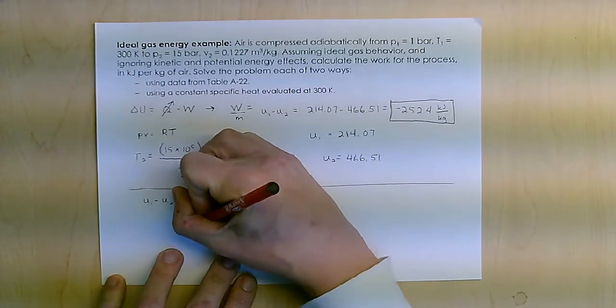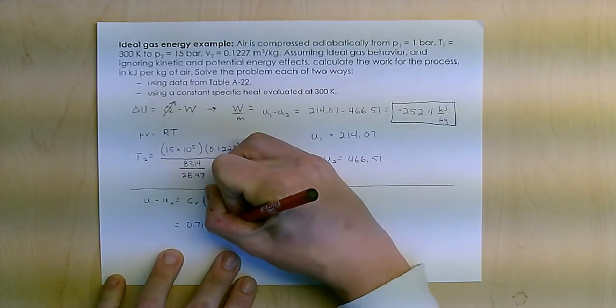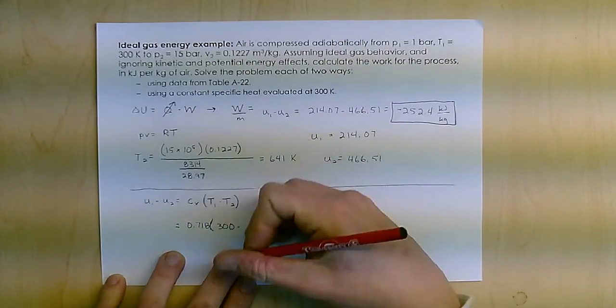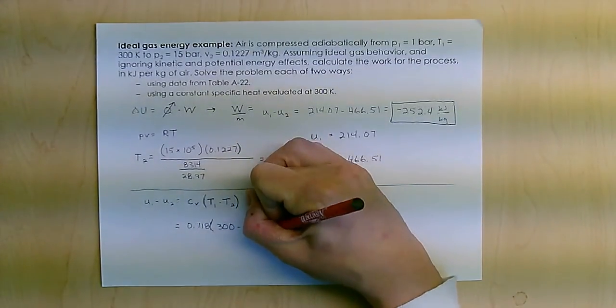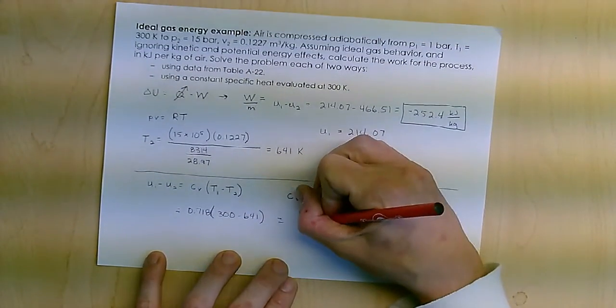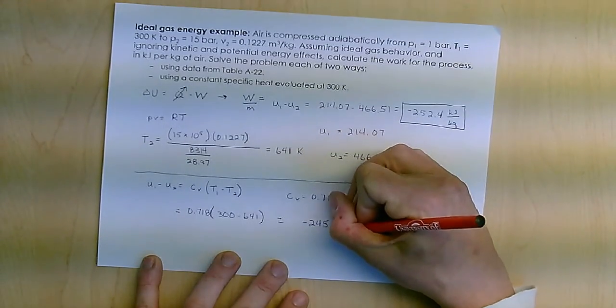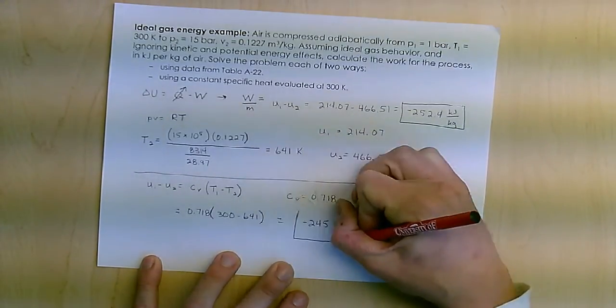That gives me 0.718 times the change in temperature, which is 300 minus 641, which gives me a work of negative 245 kilojoules per kilogram.